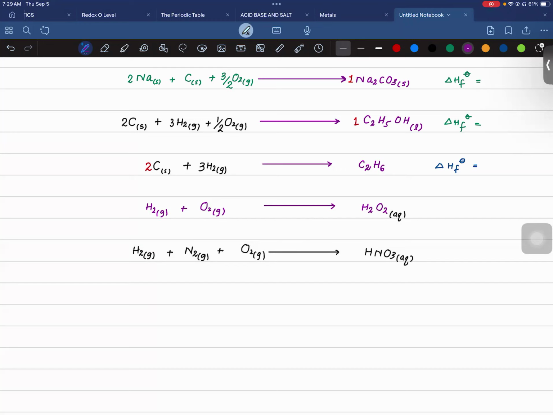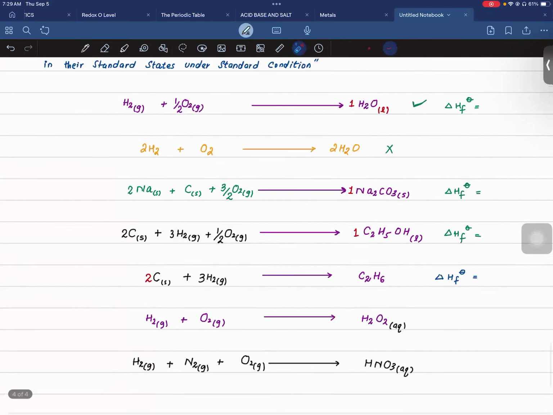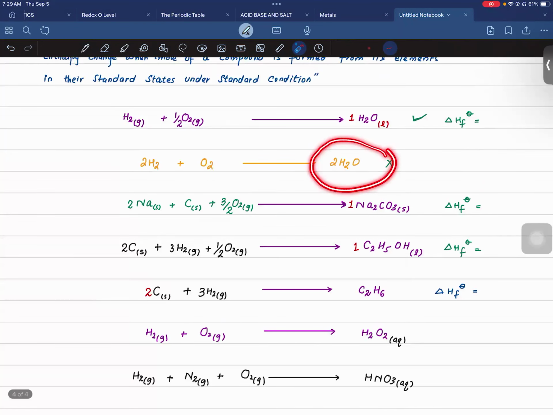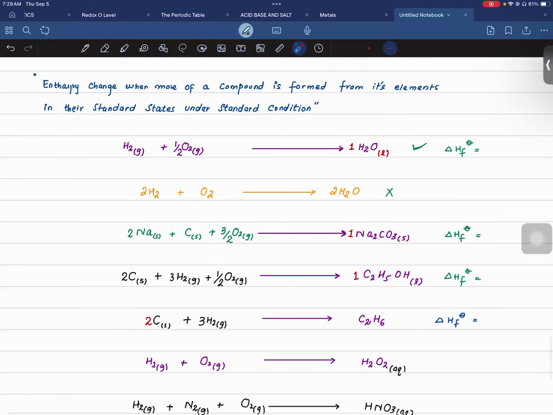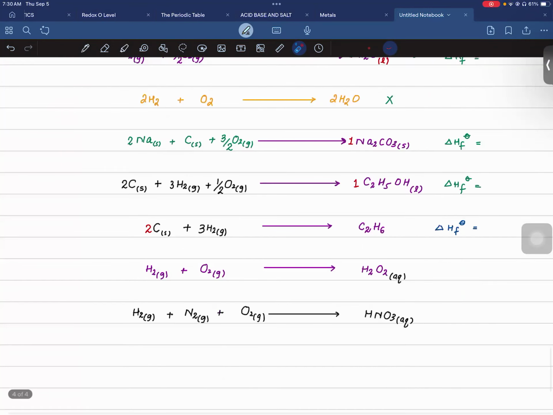Wait. This is the thing that I told you: this equation is incorrect because this is 2HNO3. If you ask why, see the definition. When 1 mole of a compound is formed, this is the main criteria that we need to follow. Only 1 mole of a compound. You cannot write any number over here.